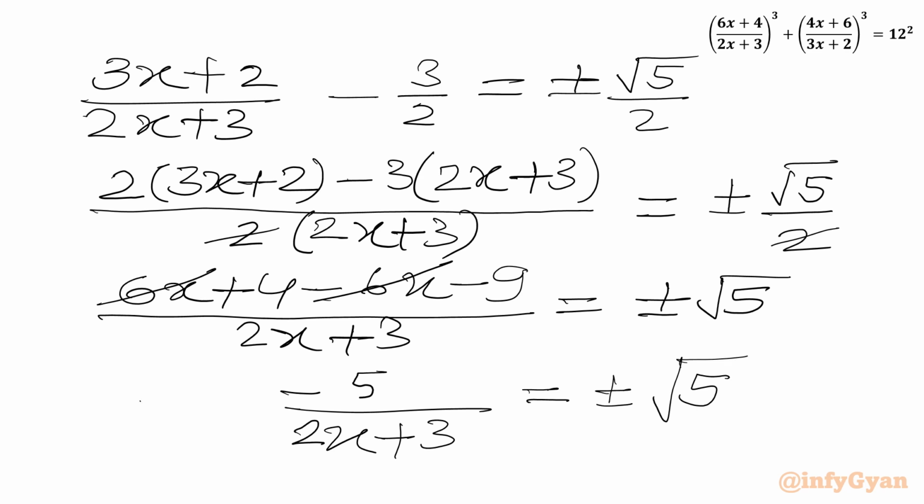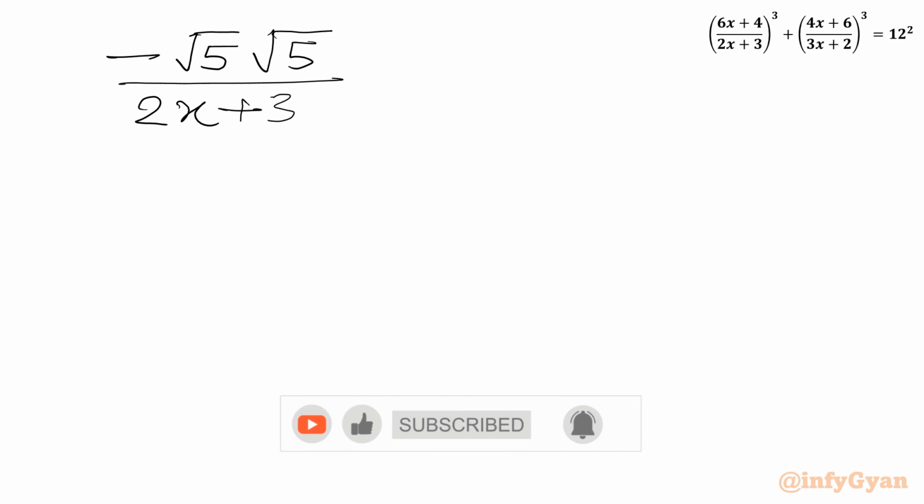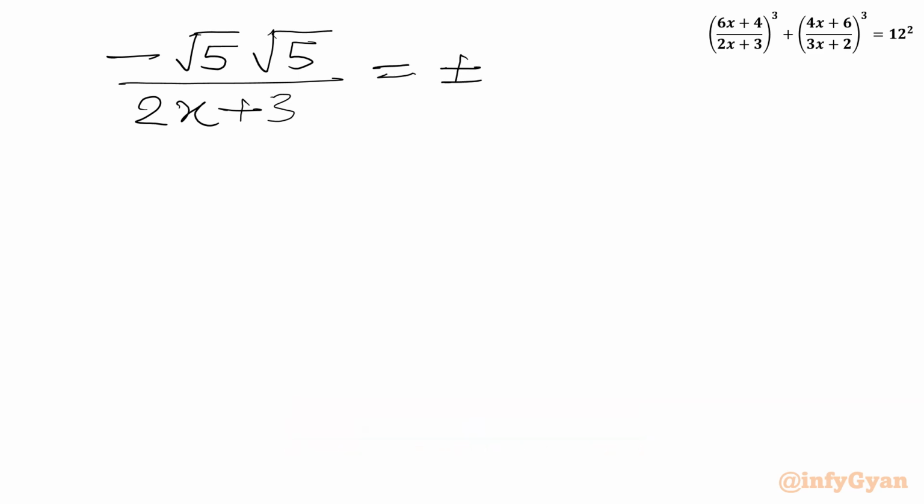Now we can write this 5 as square root 5 times square root 5. Let us write minus square root 5 times square root 5 over 2x plus 3 will be equal to plus minus square root 5. Now we will cancel root 5, so it will be 1 only.